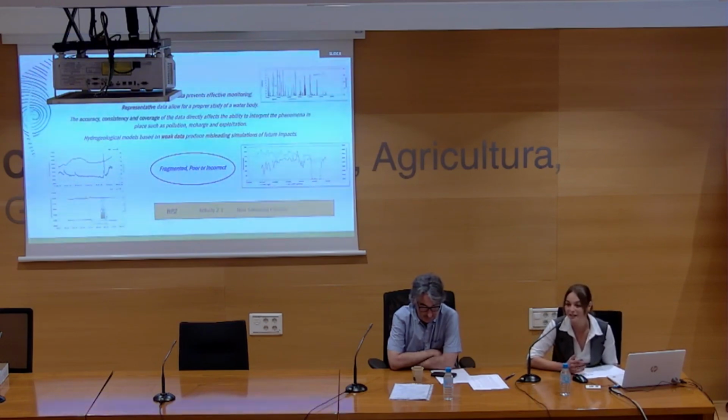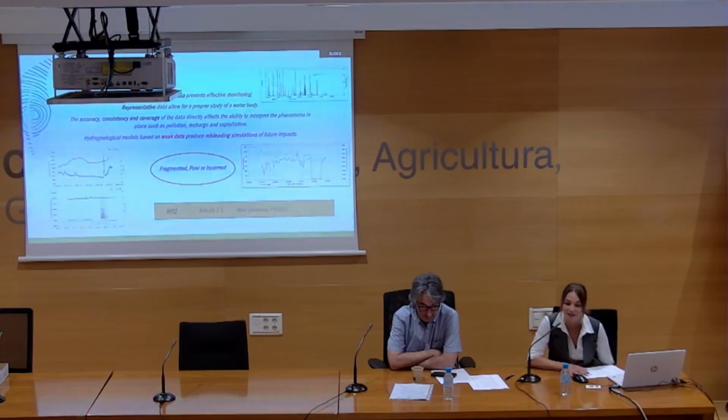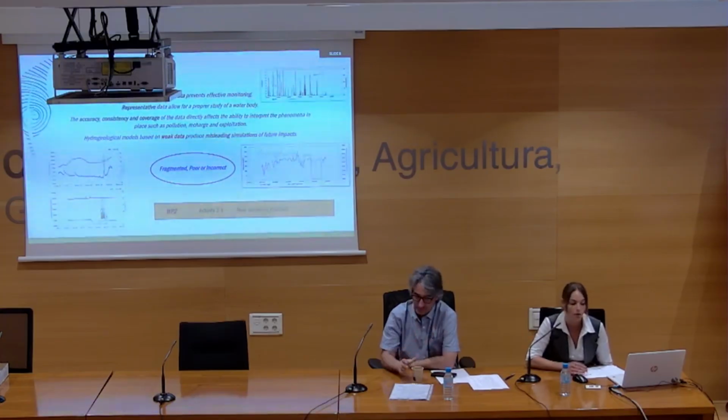What we intend to do is to collect accurate data, consistent data sets, and a proper coverage of the full area to better interpret what is going on inside the aquifer, and to properly assess all the phenomena that are occurring, such as pollution, recharge, or also exploitation of water.